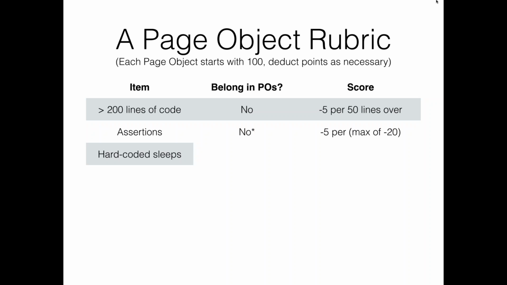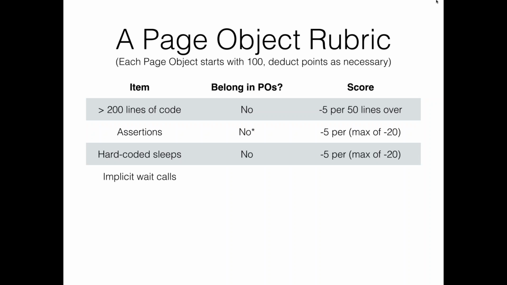But for the majority of what you're trying to do with Selenium, you don't need hard-coded sleeps. If you see one, you should flag it and find a better way to wait in your code. For each one, it's -5 with a cap of 20.